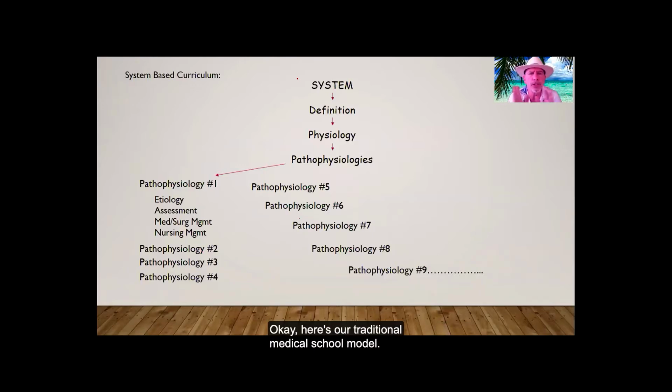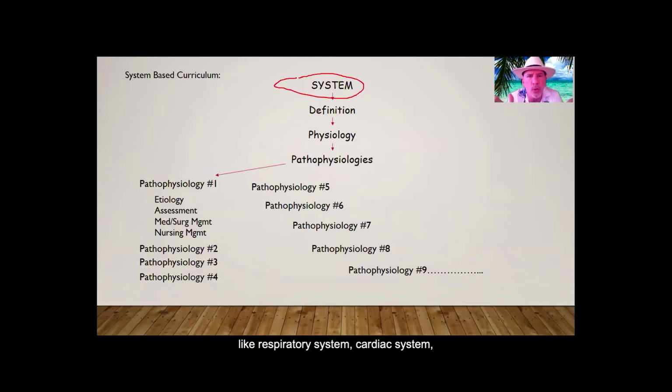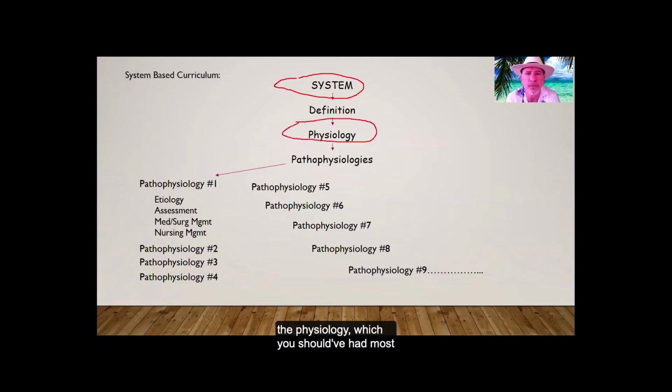Okay, here's our traditional medical school model. It's called system-based. Basically what that means is we get a system like the respiratory system, cardiac system, genitourinary, gastrointestinal, whatever. We teach you how it works normally, the physiology, but you should have had most of this already in anatomy and physiology. Then we start going through and teaching you a pathophys, and then another pathophys, and another, and another.